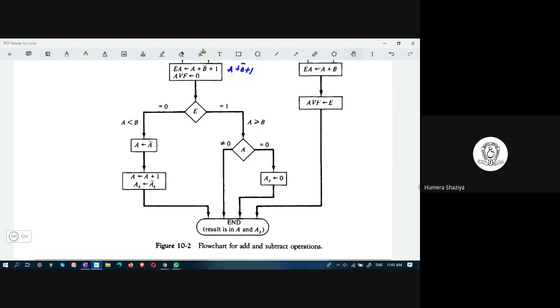If it is minus, it is made plus. And after addition, the addition overflow bit is set to E. Whether it is 1 or 0, that is set to E.